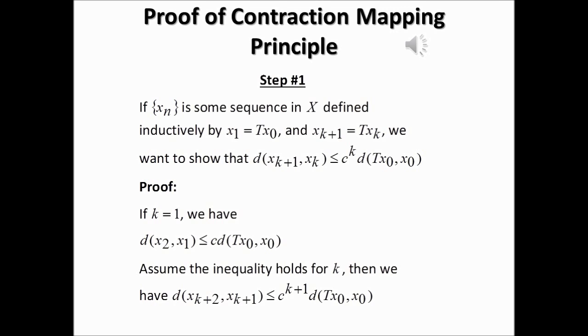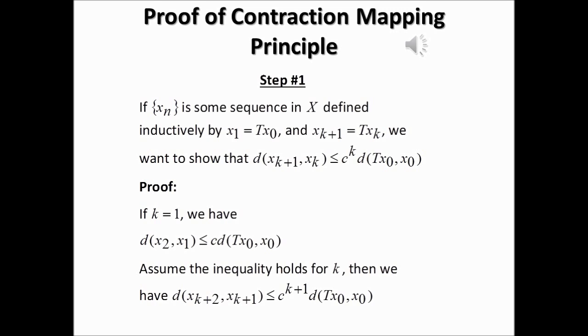To see that this is true, note that x_{k+2} is equal to T of x_{k+1}, and x_{k+1} is equal to T of x_k. So the ordinary distance between x_{k+2} and x_{k+1} is equal to the ordinary distance between T of x_{k+1} and T of x_k.